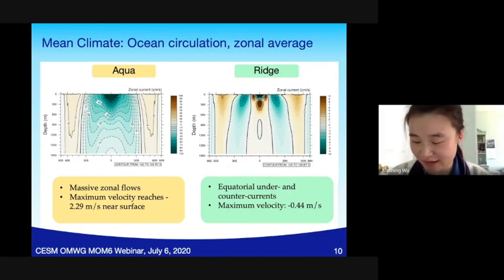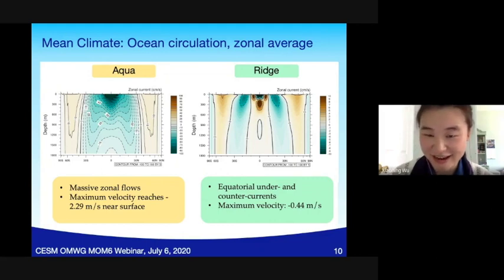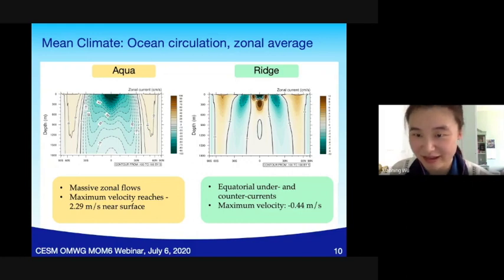In the Ridge case, that is much reduced, and we get a lot of interesting features, especially in the tropics, with analogs to the equatorial undercurrent and the countercurrents, which correspond to the depth of the equatorial thermocline at about 500 meters. That's another aspect where the presence of the western boundary immediately brings us more Earth-like or Pacific-like features.